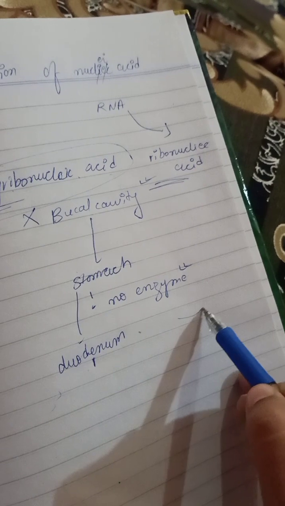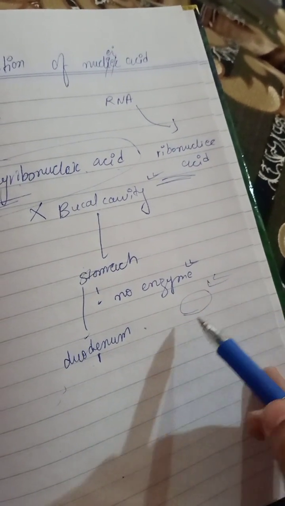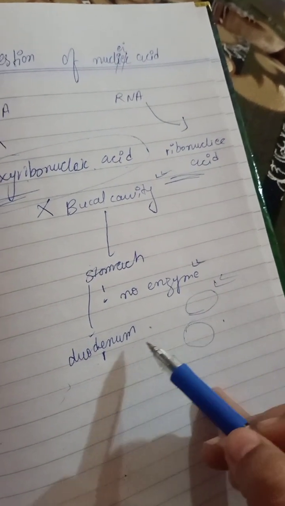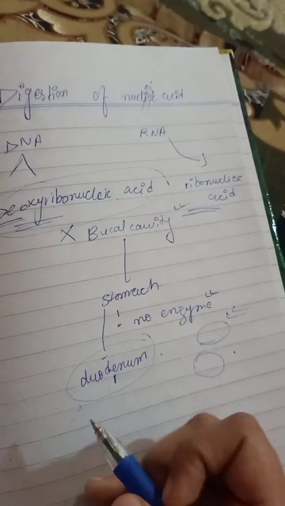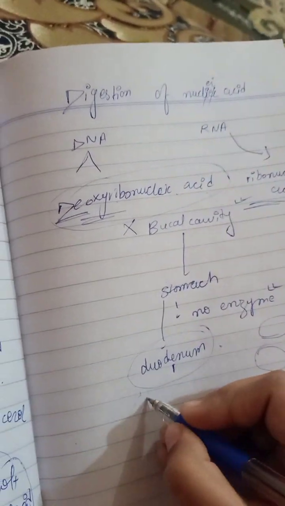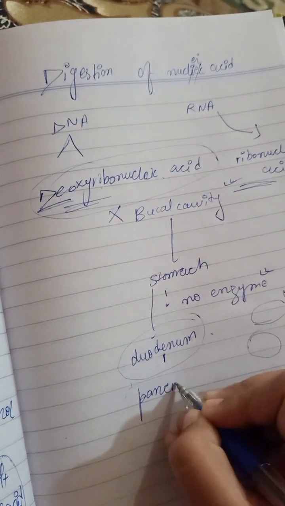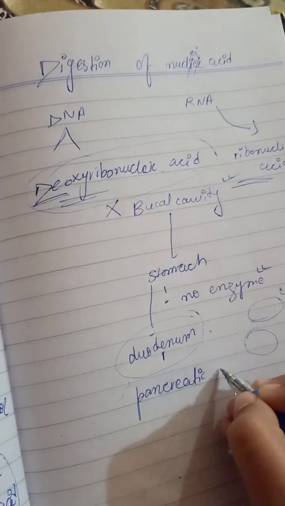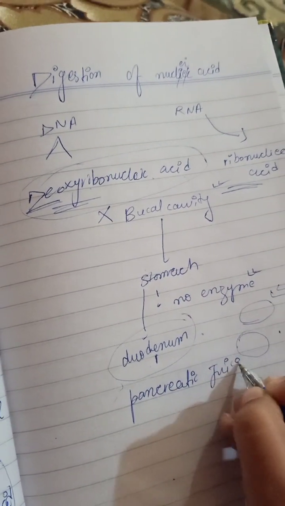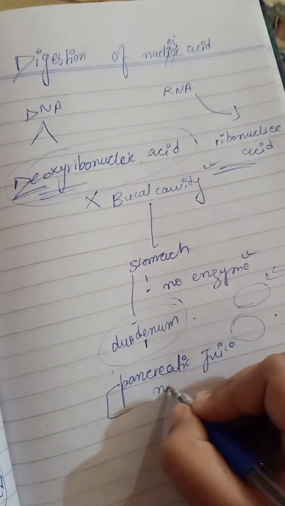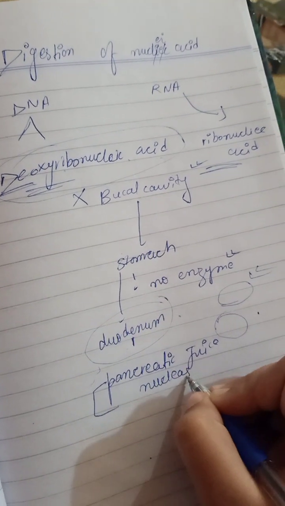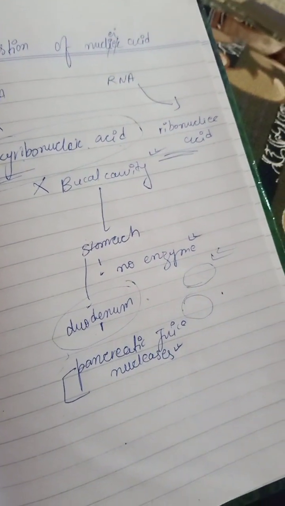Bile has no enzyme. The pancreatic juice, which enters the duodenum, has an enzyme, nucleases.